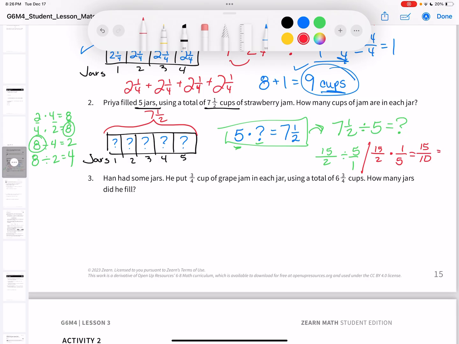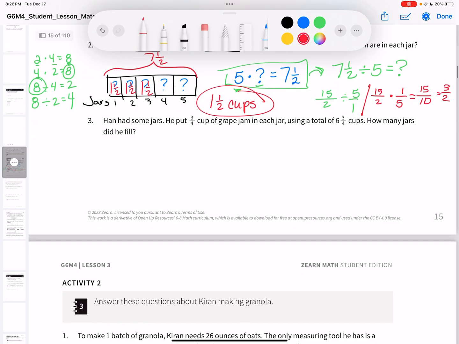That gets me 3 halves. You can leave it as an improper fraction, or you can change it. So our answer in mixed number form is 1.5 cups. 1.5 cups goes in each one of these. That is our question mark. All right, let's look at the next one.